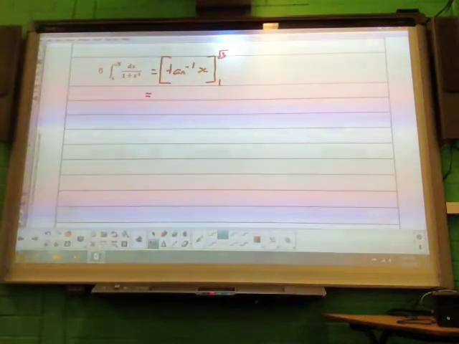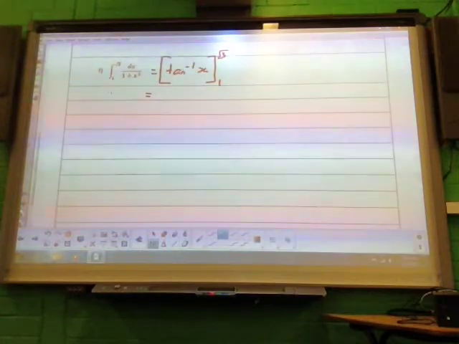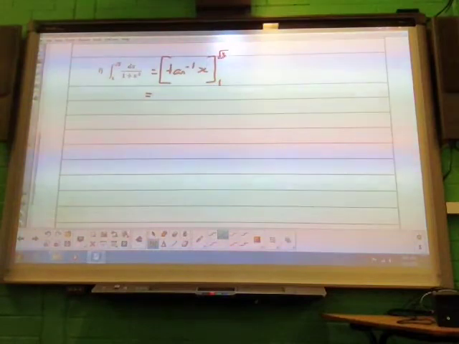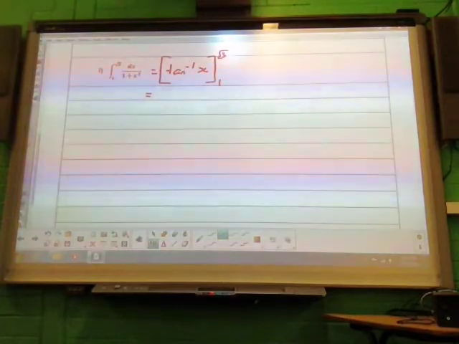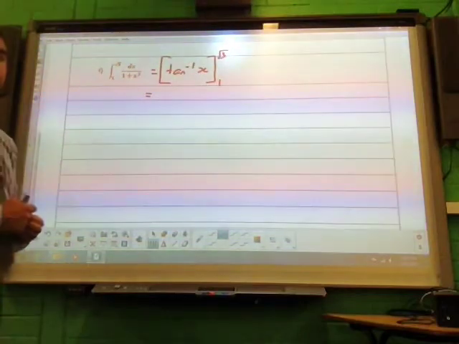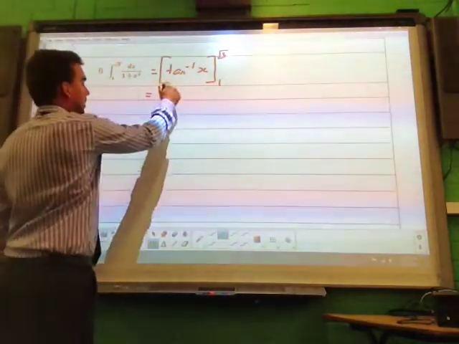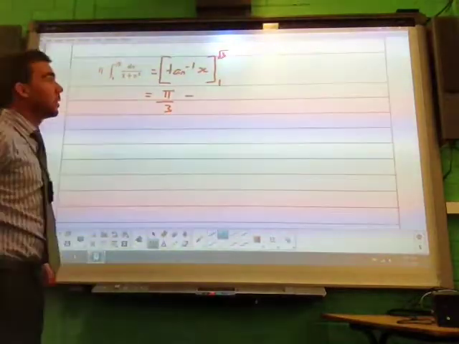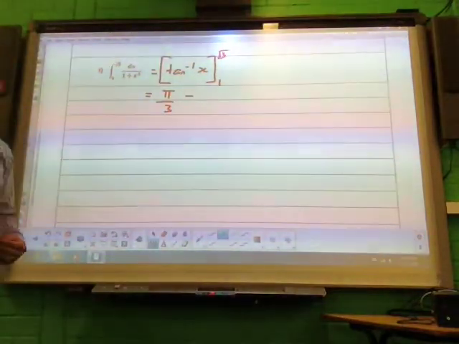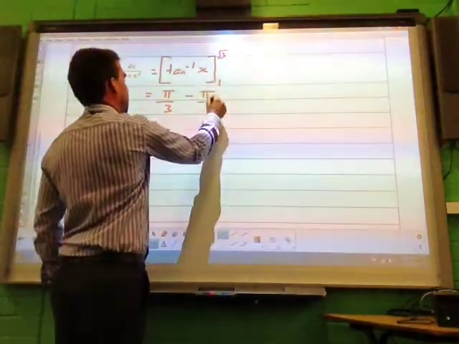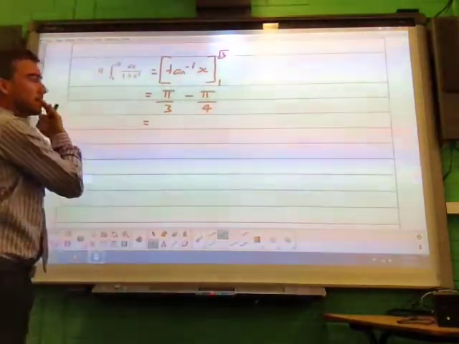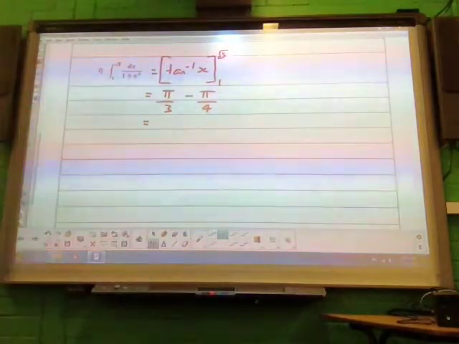Okay, so when you integrate, you need to have these in radians, you can't just write them in degrees. Because degree is an angle measure, but radian is specifically a length of an arc. So you'll be looking at the area if this was an area question. Right, tan of what angle makes root 3? 60, which is what in radians? pi on 3. And tan of what angle makes 1? 45, which is what in radians? pi on 4. So pi on 3 take away pi on 4, which is simplified to what?